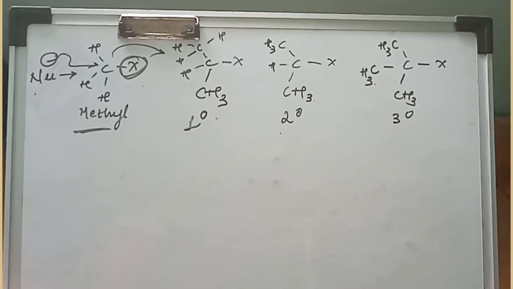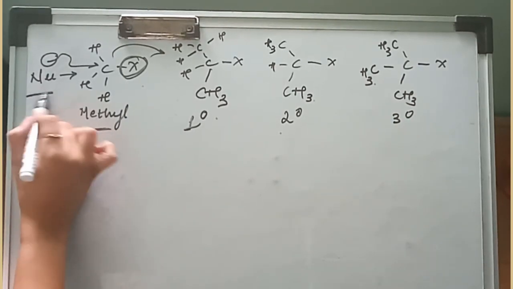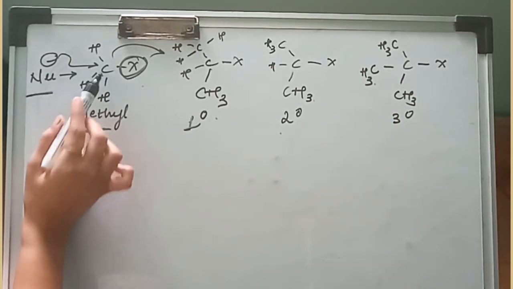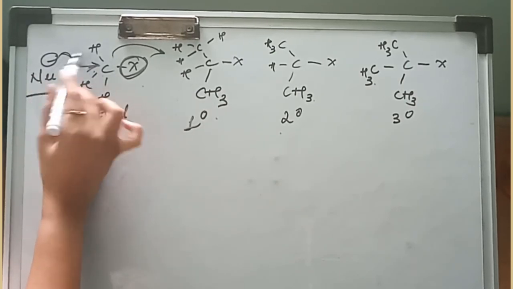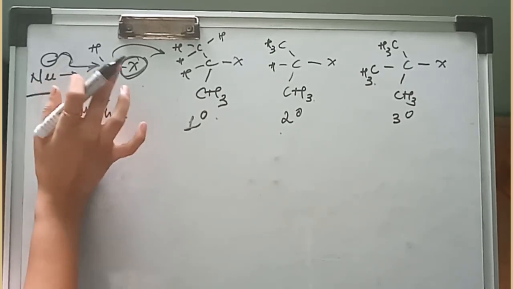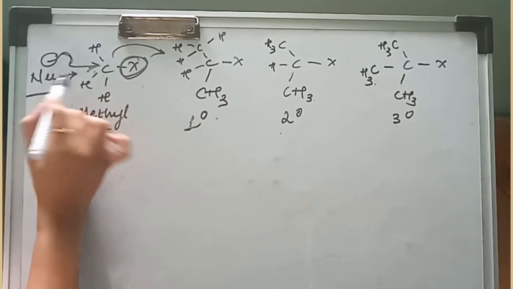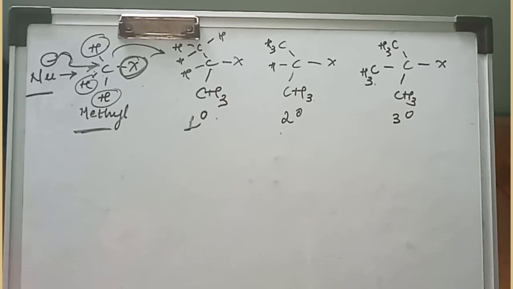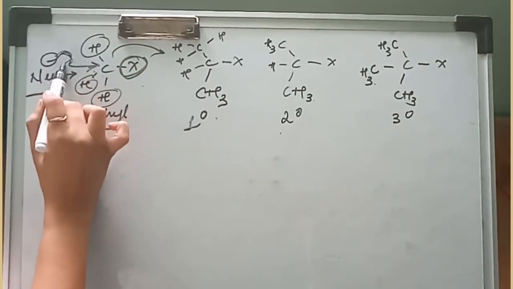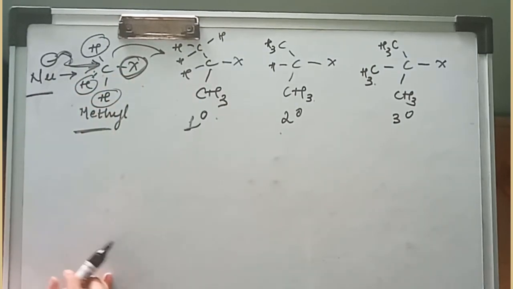So the nucleophile approach is taking place at this carbon, which means the space available for this should be clear. That means here the C is attached with 3 hydrogens. If we see the size of these hydrogen atoms, it is very small. So the nucleophile will attack this and the X minus will be leaving.